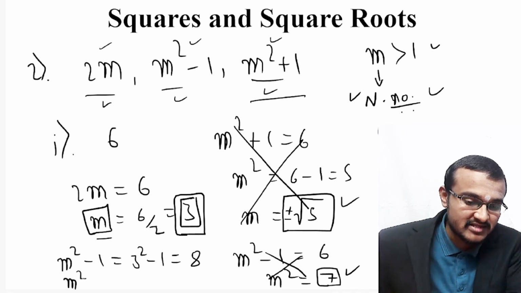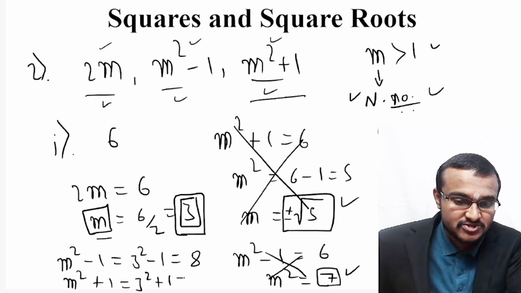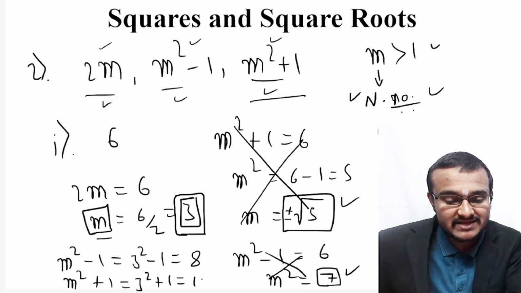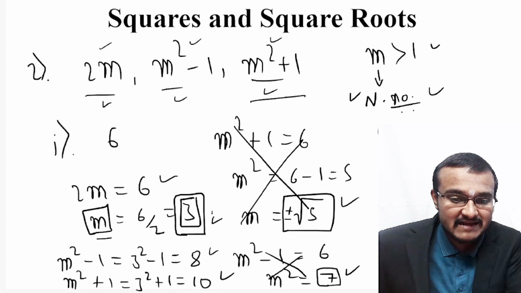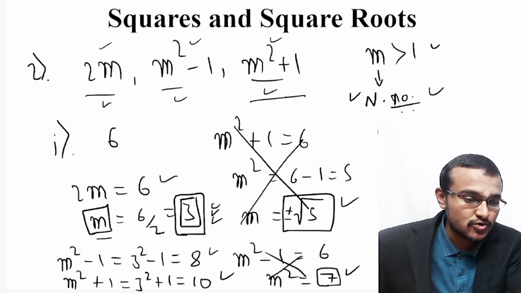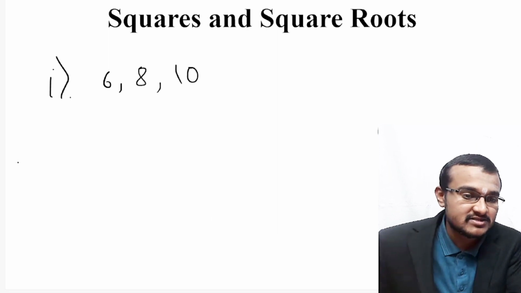The next number will be m square plus 1, which is 3 square plus 1, that is 9 plus 1, equal to 10. So 6, 8 and 10 are Pythagorean triplets where m is equal to 3. So the Pythagorean triplet for this first question will be 6, 8 and 10.